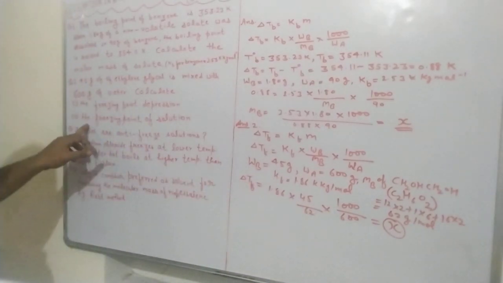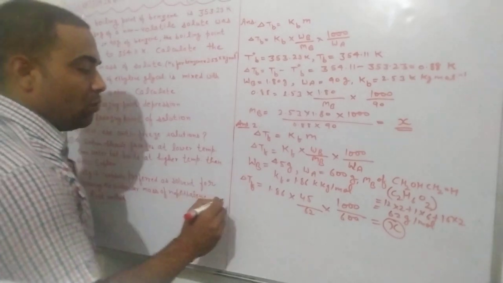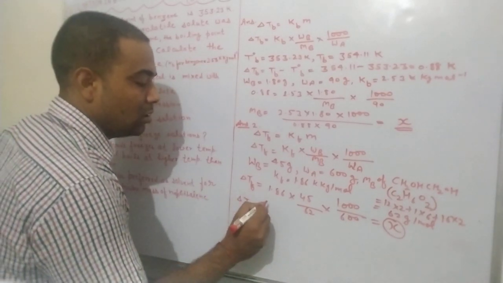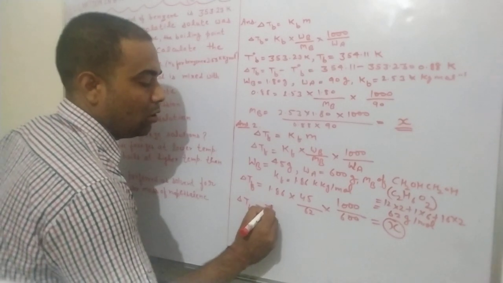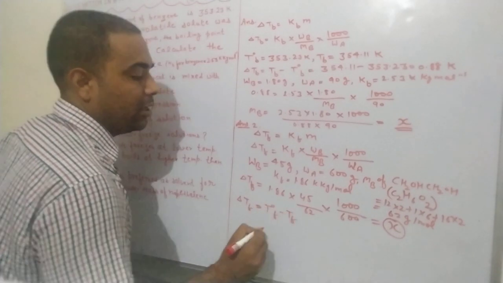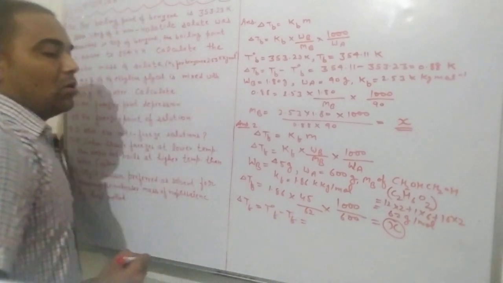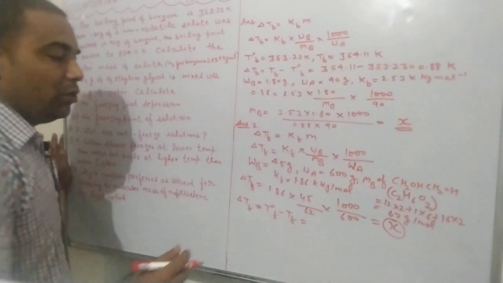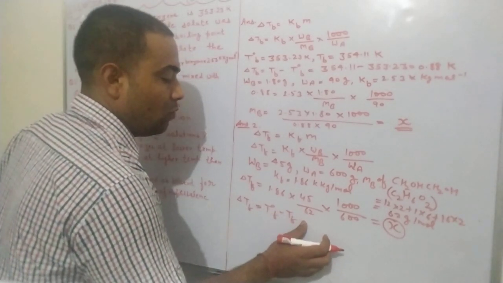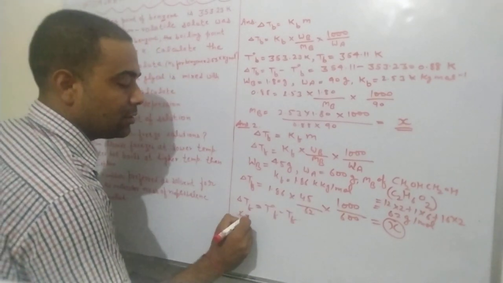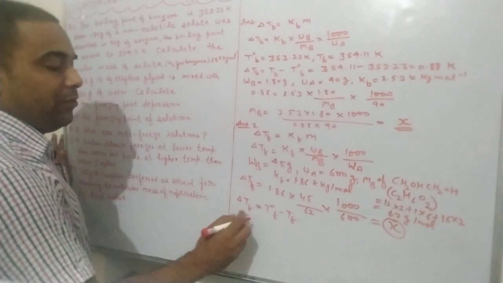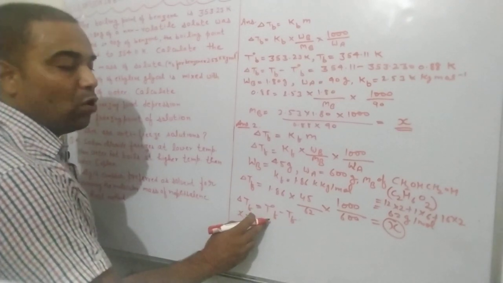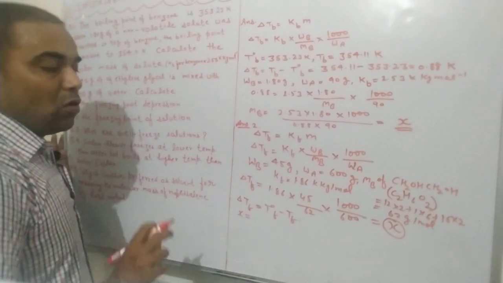Now the freezing point of solution. We know del Tf is equal to T naught f minus Tf. The value of del Tf is x, and T naught f is the freezing point of pure solvent.